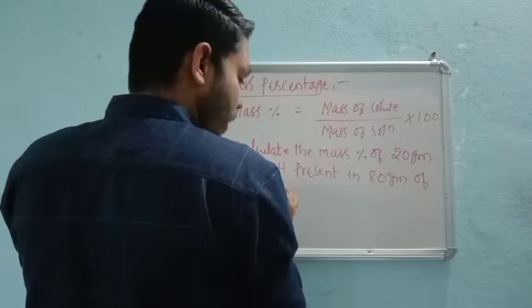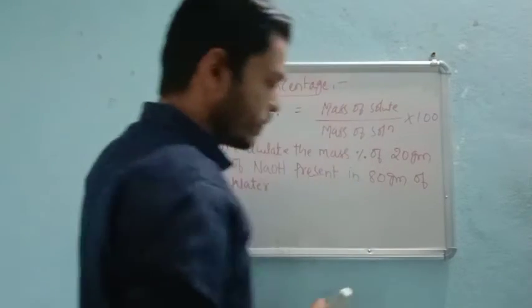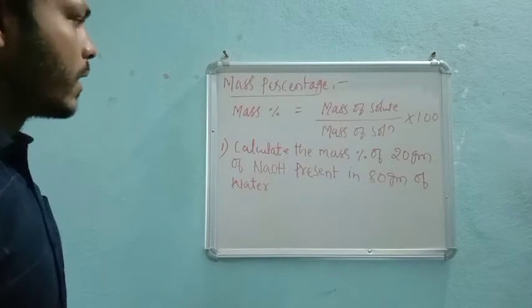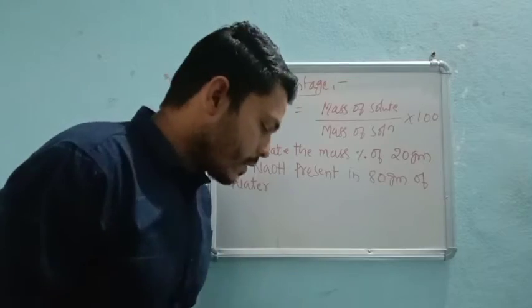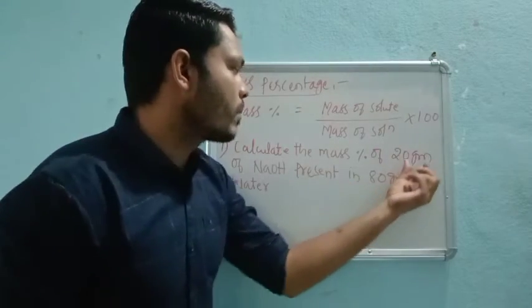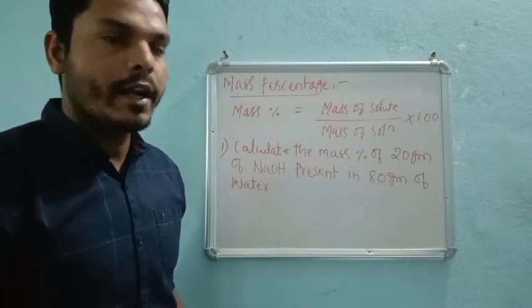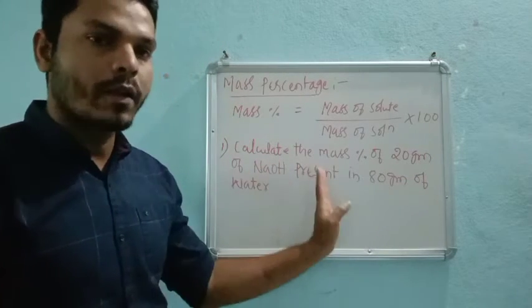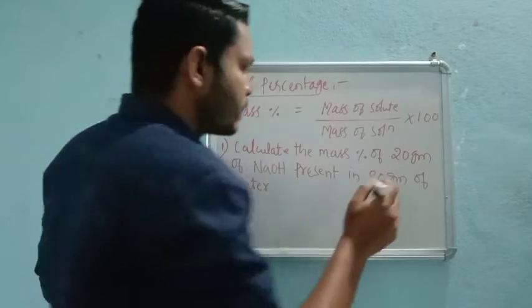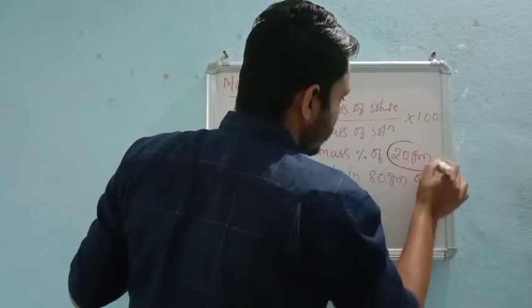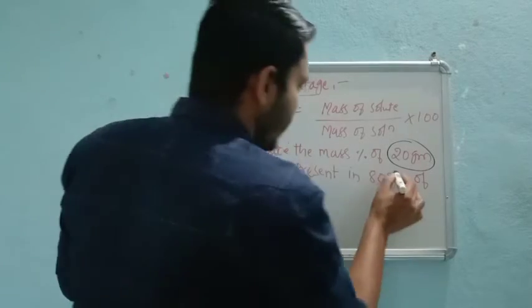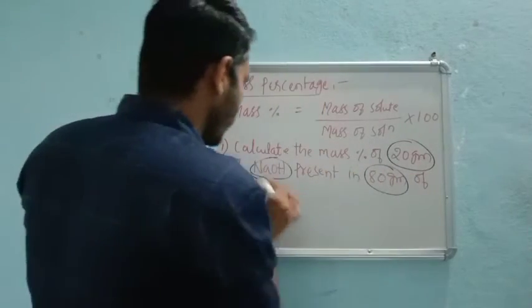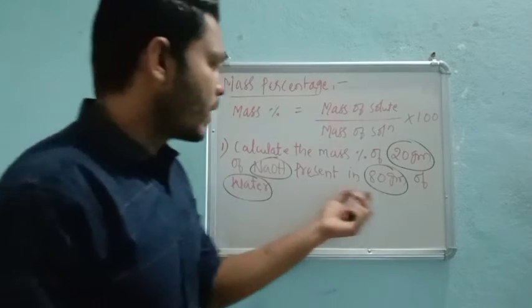Very interesting problems these are, right? Based on the number of grams, we can identify which is solute and which is solvent. See here, 20 gram is for NaOH and 80 gram is for the water molecule.